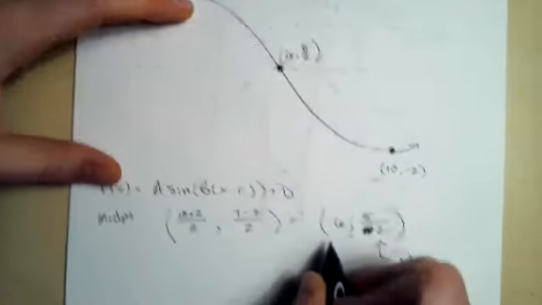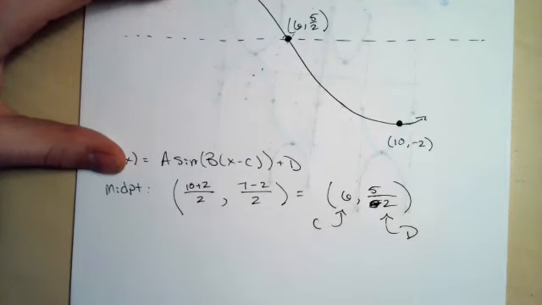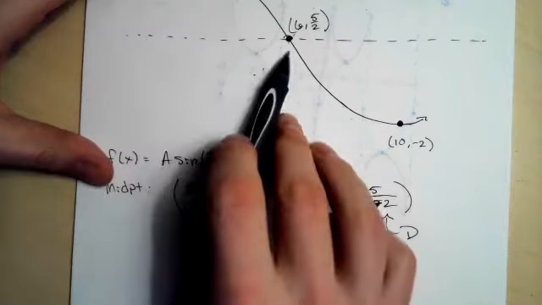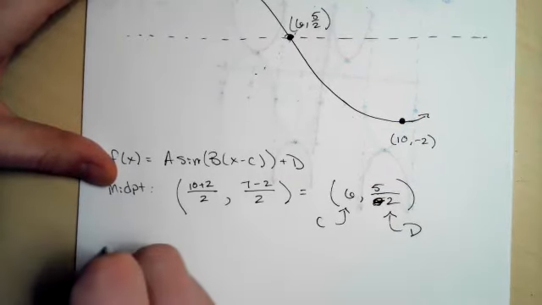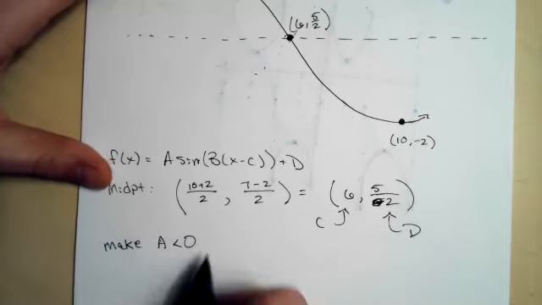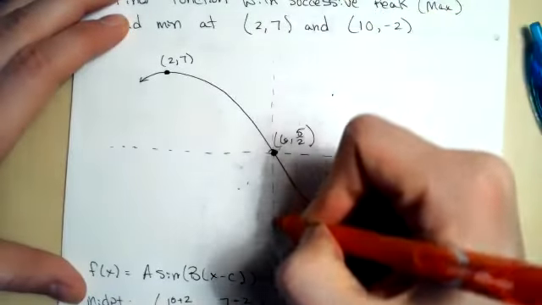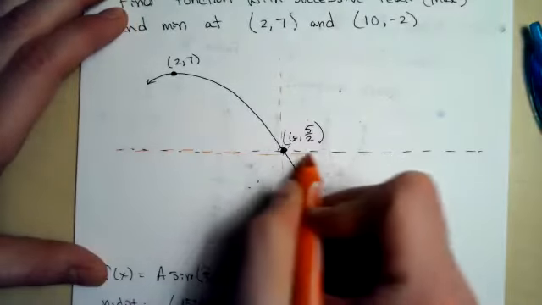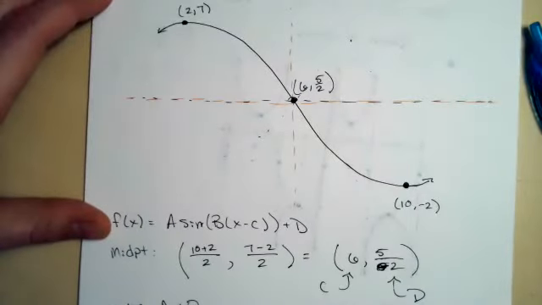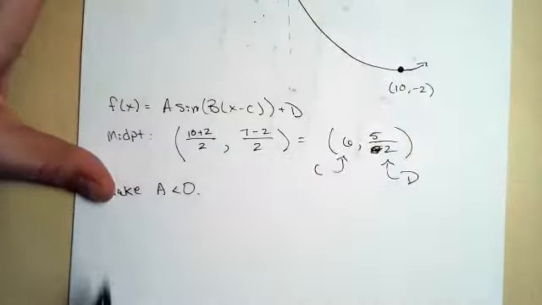So we can take our 6 to be our C value, our phase shift, and then just make A negative. So we're essentially putting these ghost axes in right there. So we're going to take our C and D as those values, those X and Y values. And then we need to make the A value negative, so we'll start off decreasing.